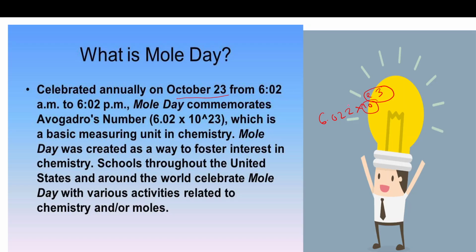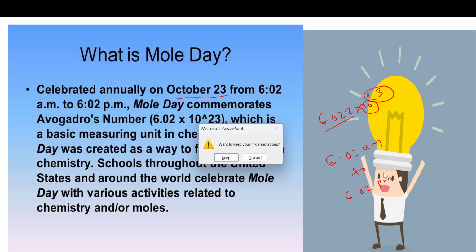This 10 represents the month October, and the 6.022 represents 6:02 a.m. to 6:02 p.m. It's interesting. And the mole day was created in such a way to increase interest in chemistry among students.